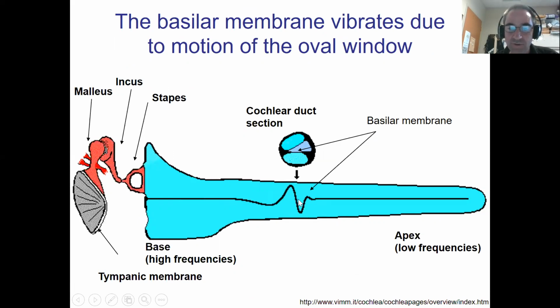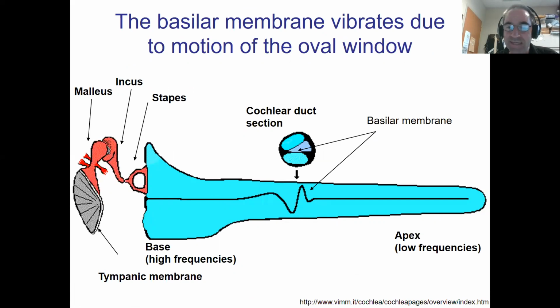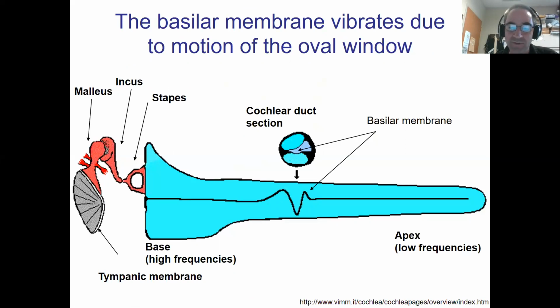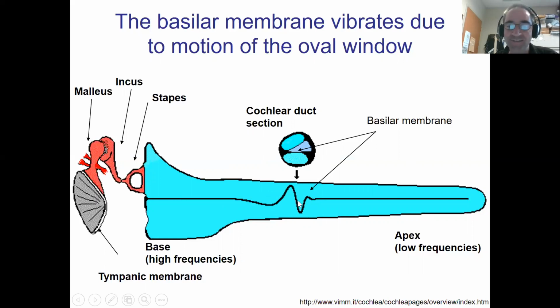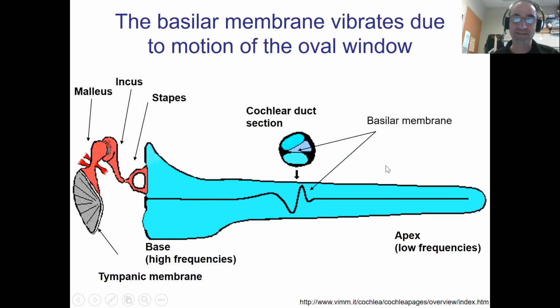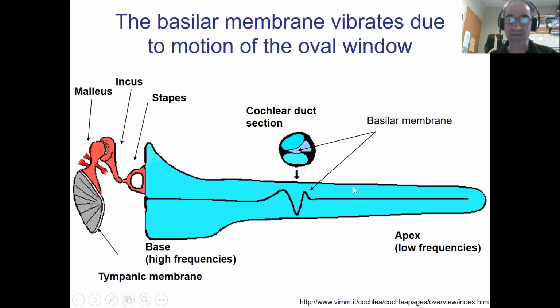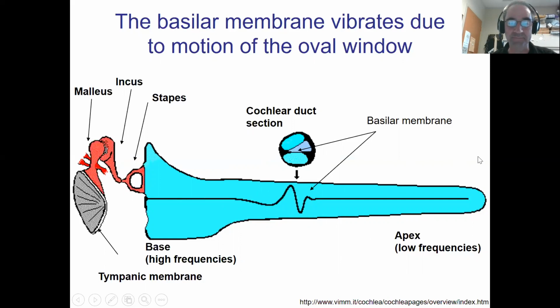And it's drawn like that because if we drew it to scale, you wouldn't be able to see anything, because the amount of vibration that it goes up and down is very, very tiny compared to the dimensions of the cochlea, right? So don't think that if you play a loud sound the basilar membrane is going to be hitting the sides of the cochlea. It doesn't move that much at all, but it's being exaggerated here so we can see what's going on.